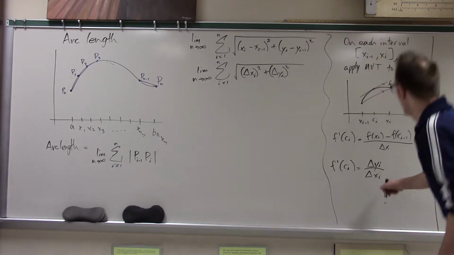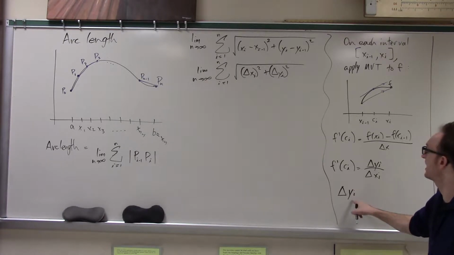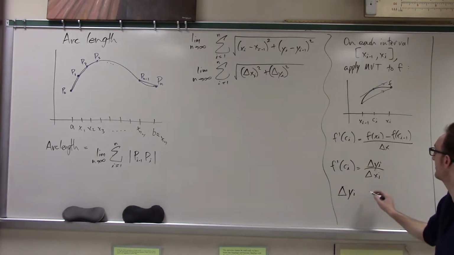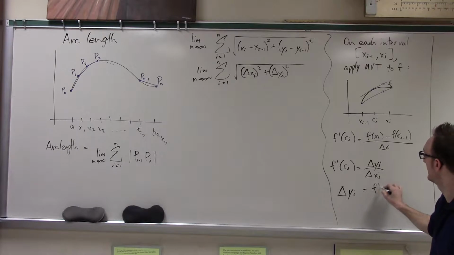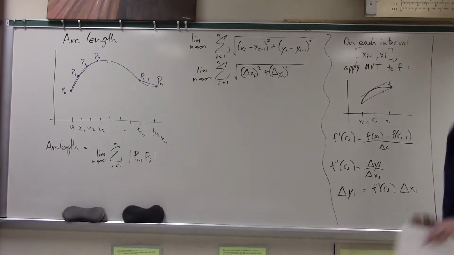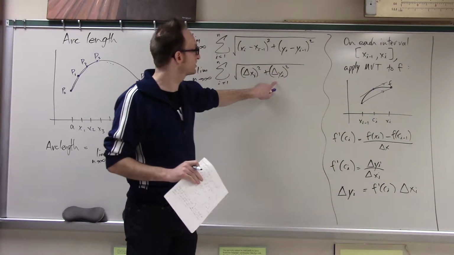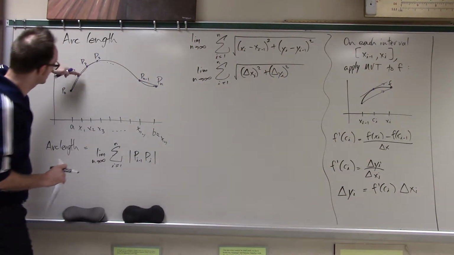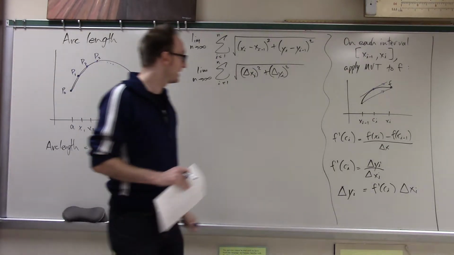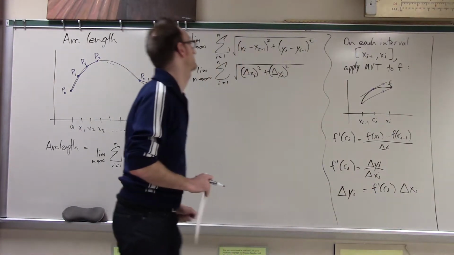I can represent the change in y on a given subinterval as f prime of c sub i times the change in x. So for these small changes in the heights of each of these segments, I can substitute a particular derivative at a particular moment.